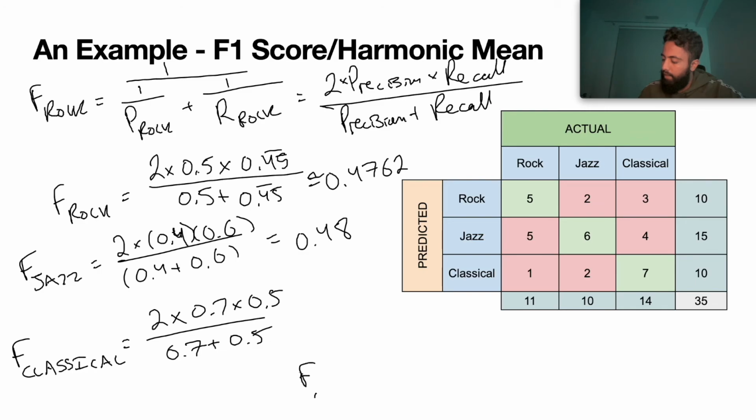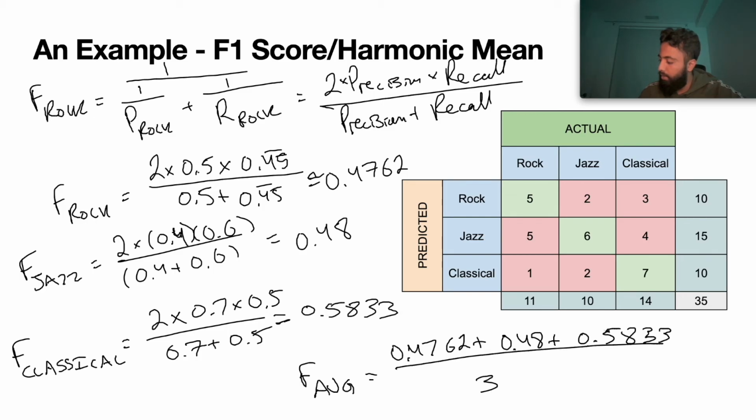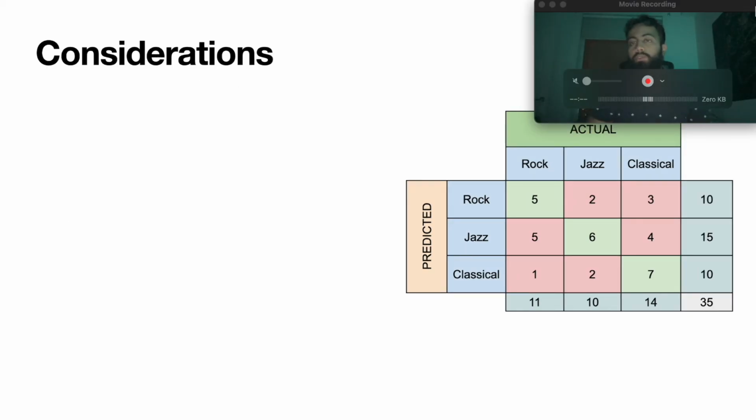To get F average, we take the F1 score for rock plus the F1 score for jazz plus the F1 score for classical. Divide that by 3 and we get approximately 0.5132.